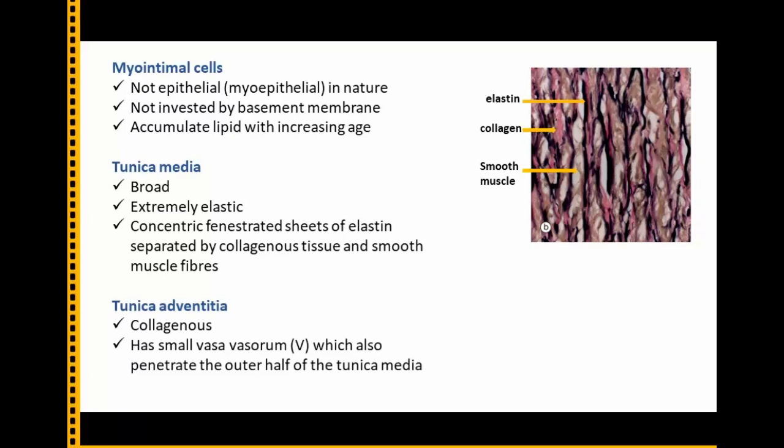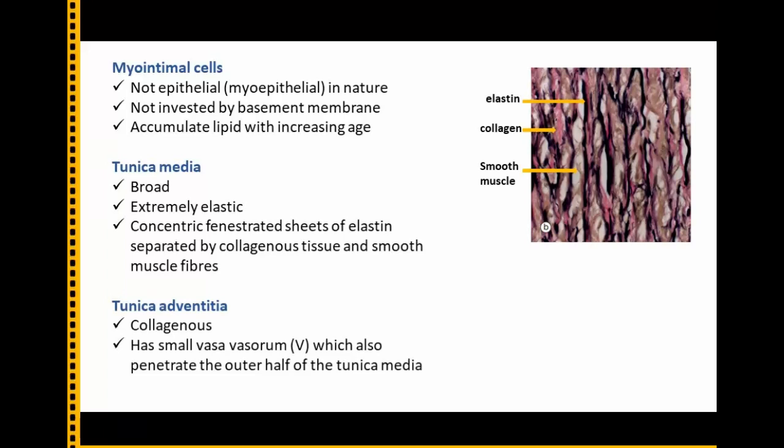Then comes the tunica media. This is the broadest part and it has a huge amount of elastic fibers. Therefore, it is very elastic, so it can take a lot of pressure which comes from the left ventricular pumping.